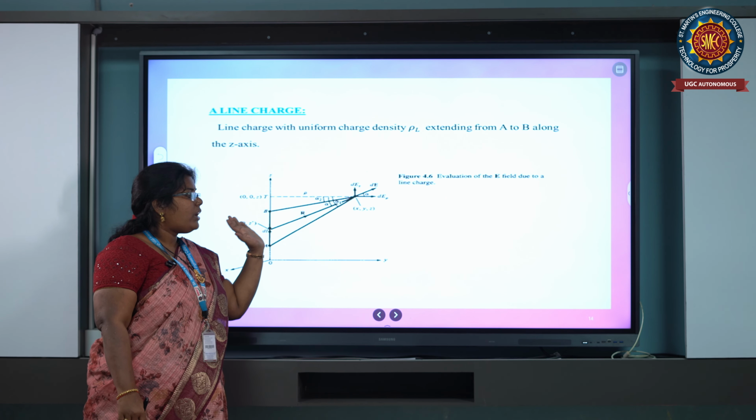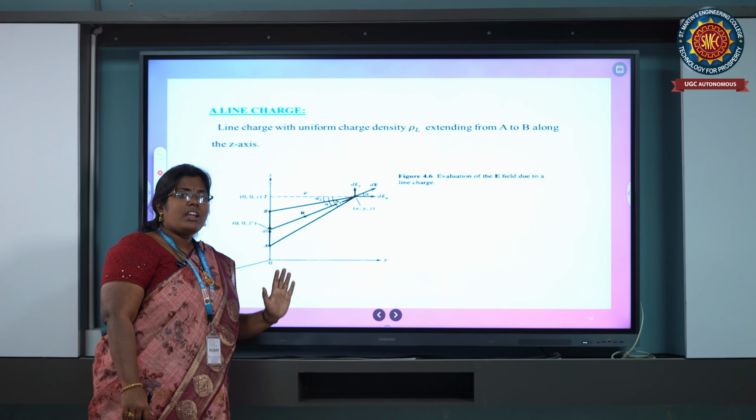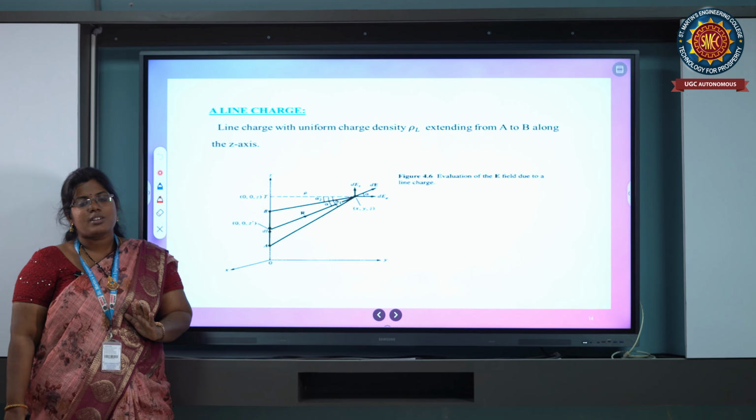Why are we discussing the coordinate systems? There are three different types of coordinate systems, as everyone knows.